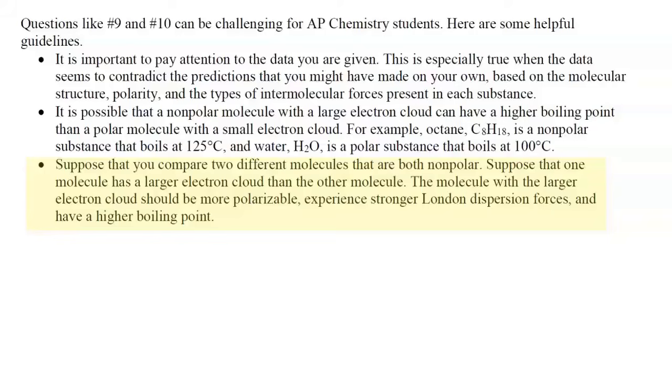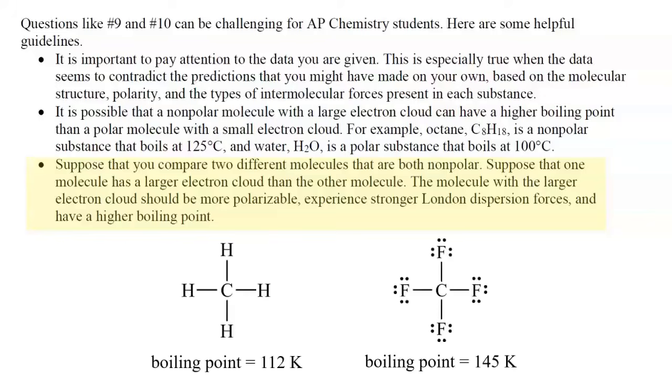Suppose that one molecule has a larger electron cloud than the other molecule. The molecule with the larger electron cloud should be more polarizable, experience stronger London dispersion forces, and have a higher boiling point, which we have seen earlier with CH₄ and CF₄, both nonpolar, but CF₄ had the larger electron cloud.